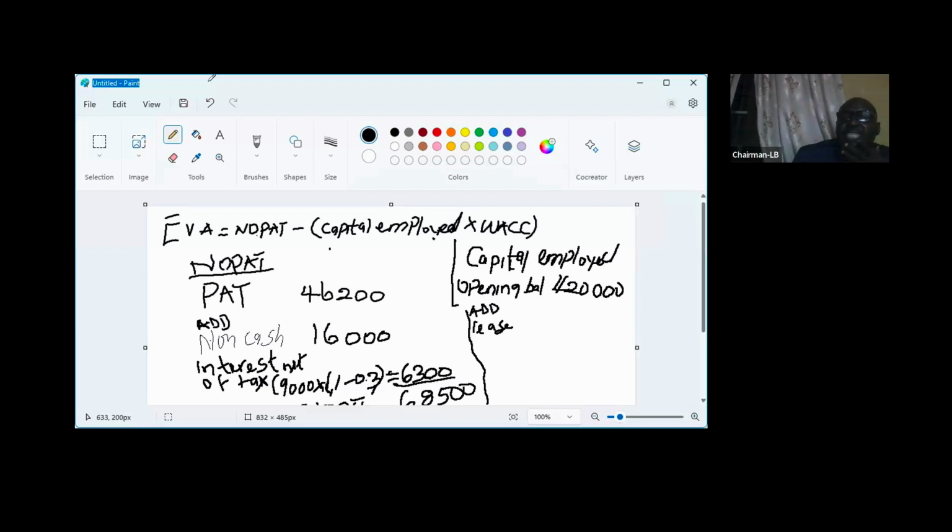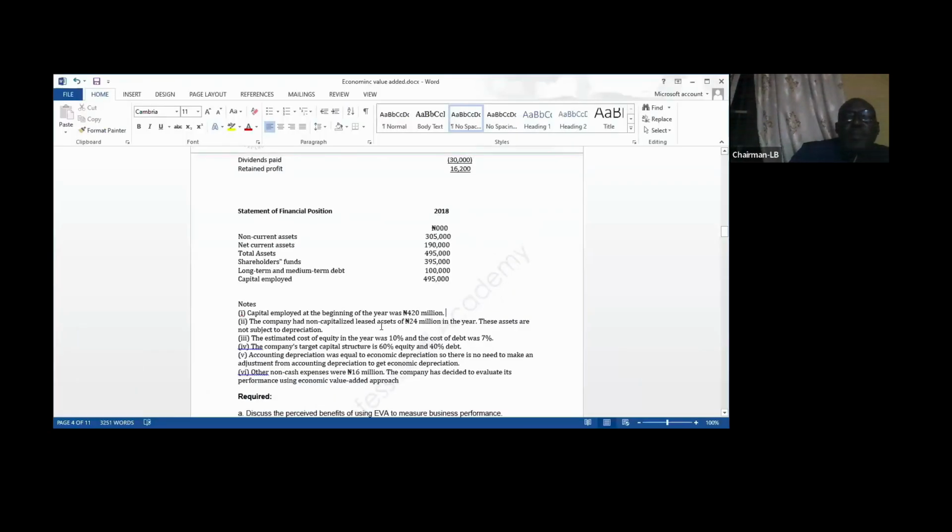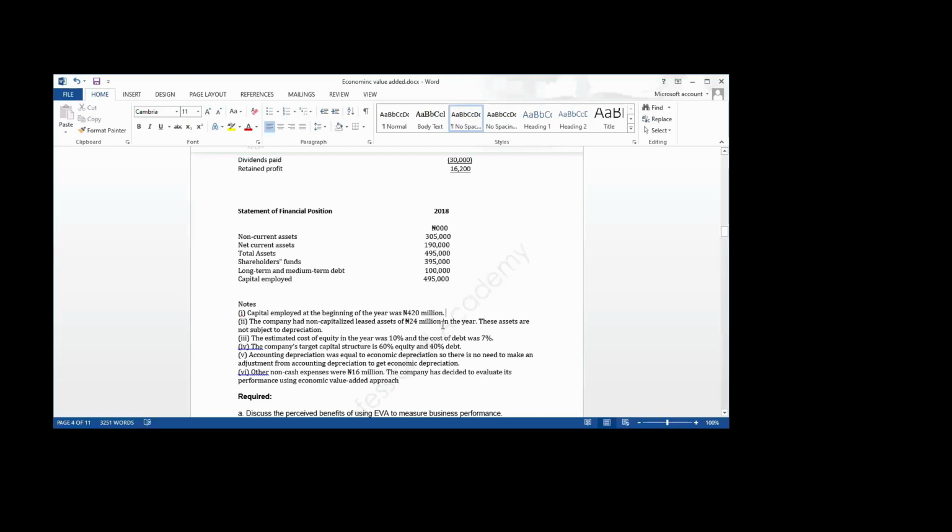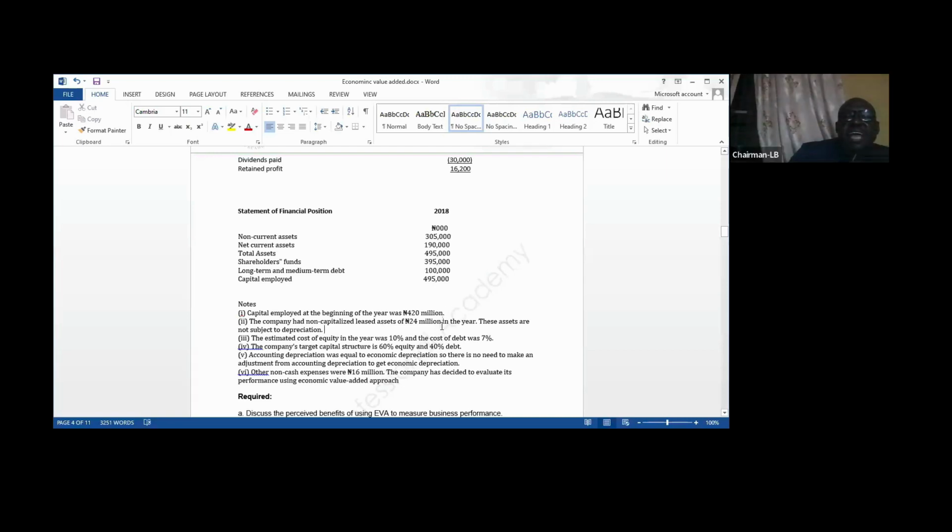We need to capitalize the lease assets. What is the value of that lease asset, please? What is the value? Please look at it. 24 million. You are going to add lease asset.